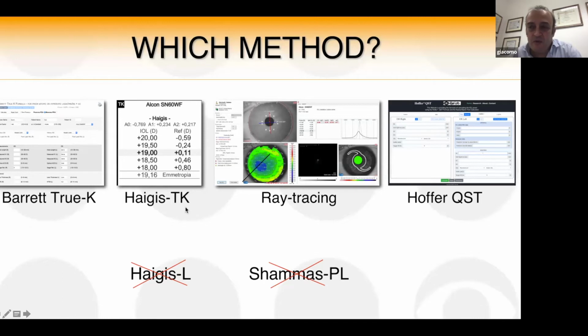This, so far, is the best one. It is even slightly better than my love, ray tracing with the MS-39. And then we have the new Okulix QST, which has also a post-LASIK calculator.